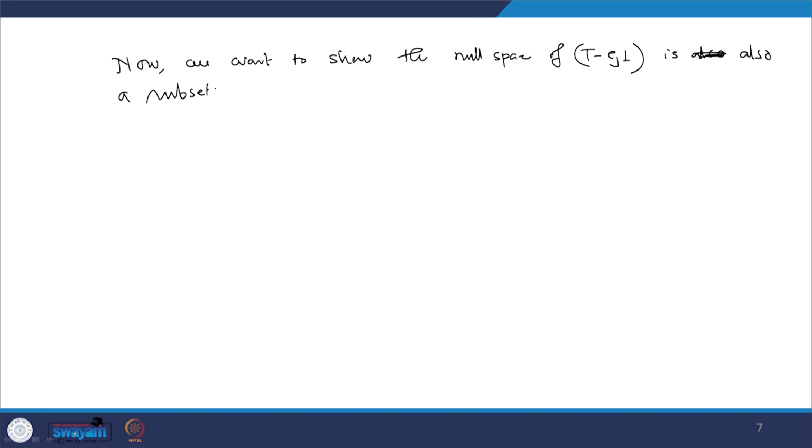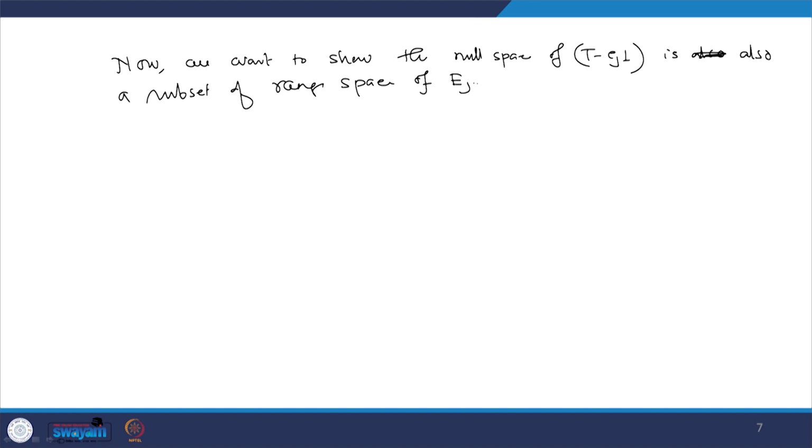So, now we want to show the null space of T minus CjI is also a subset of the range space of Ej.